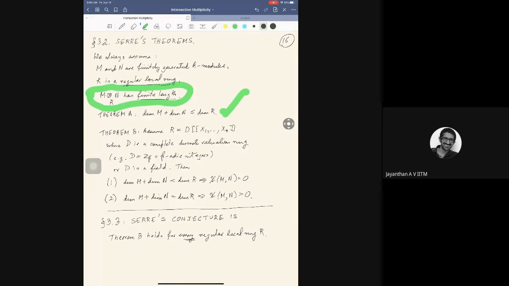And then he said, first of all, it's easy to see that proving it for a regular local ring is proving it for its completion. So you need to consider only complete regular local rings.